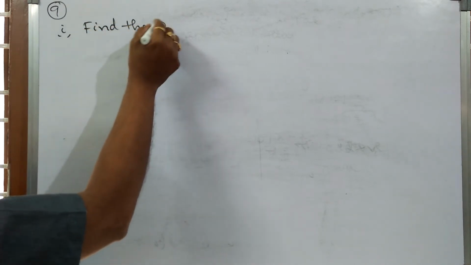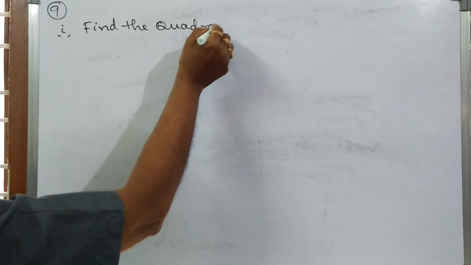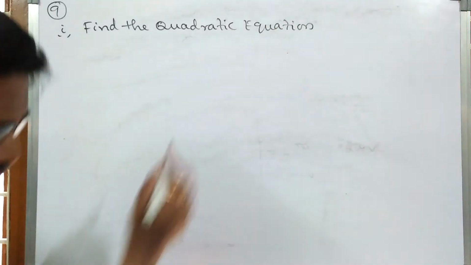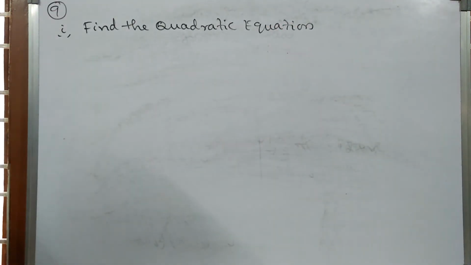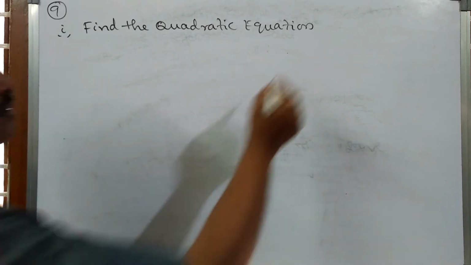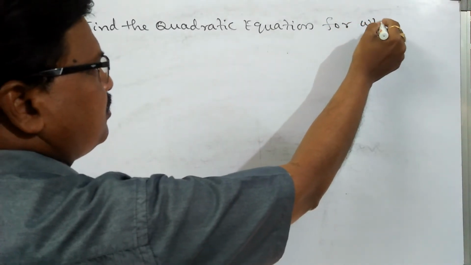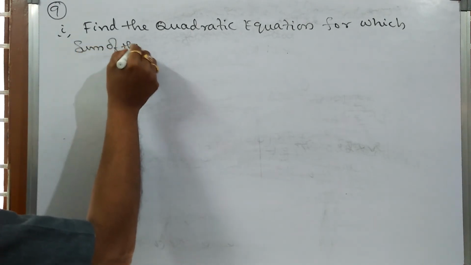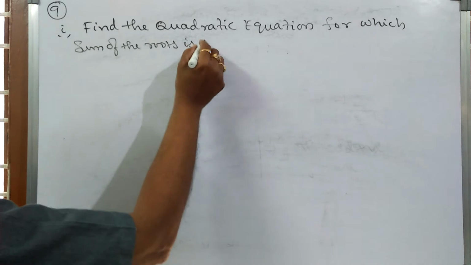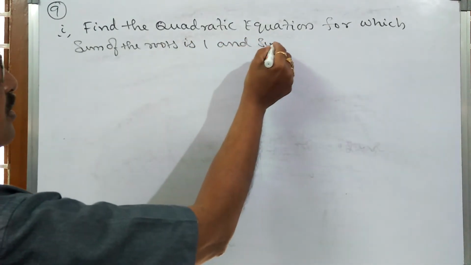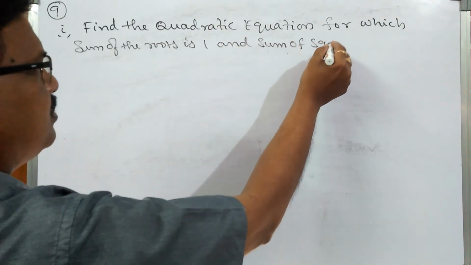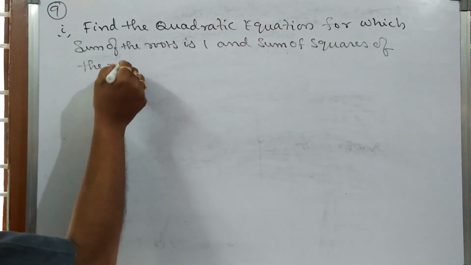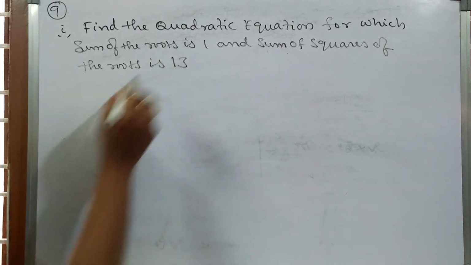Find the quadratic equation for which the sum of the roots is 1 and the sum of the squares of the roots is 13.